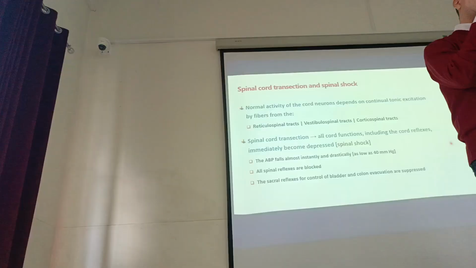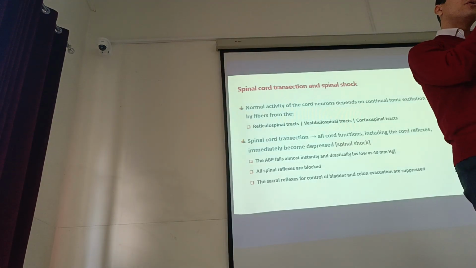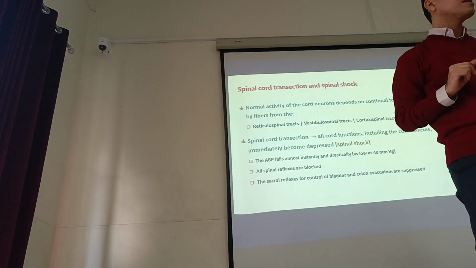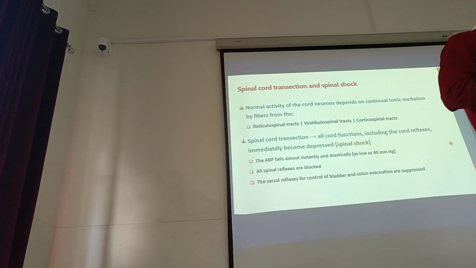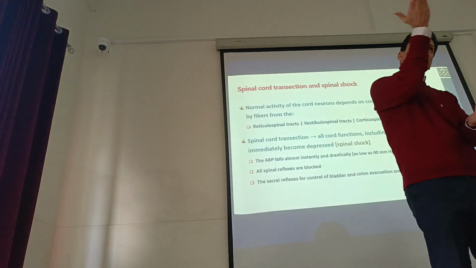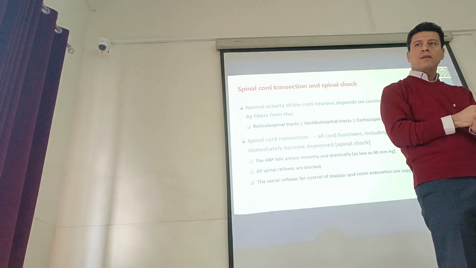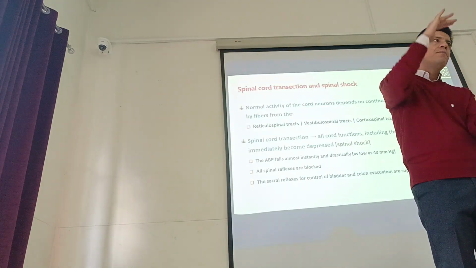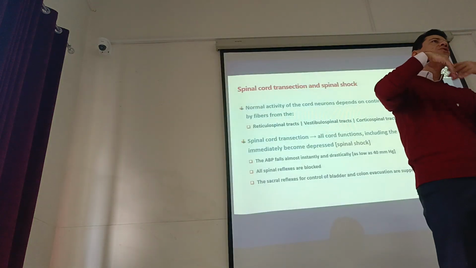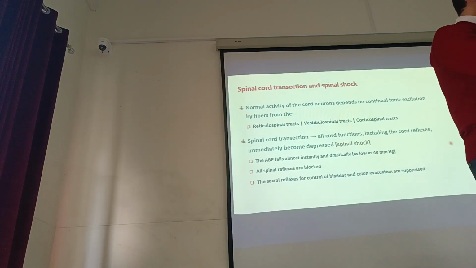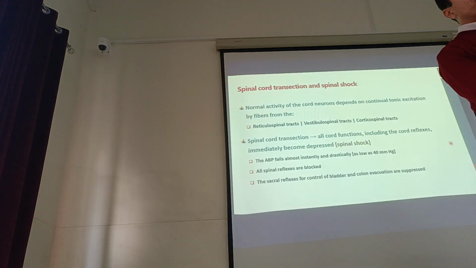So now imagine that a traumatic injury happens in the spinal cord, for example after a car accident, right? So some of these fibers that go down through the spinal cord are cut. So neurons located below the cut will lose their regulation from the brain. So their sensitivity is lost, right?